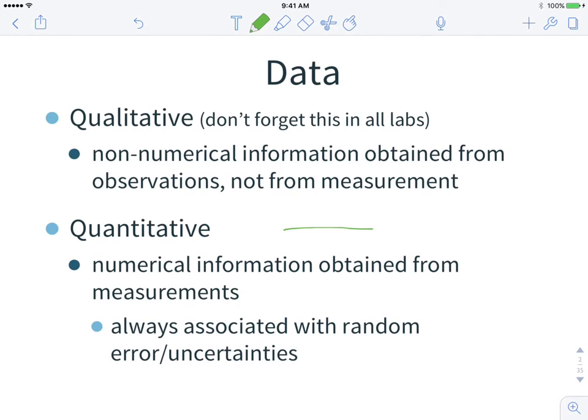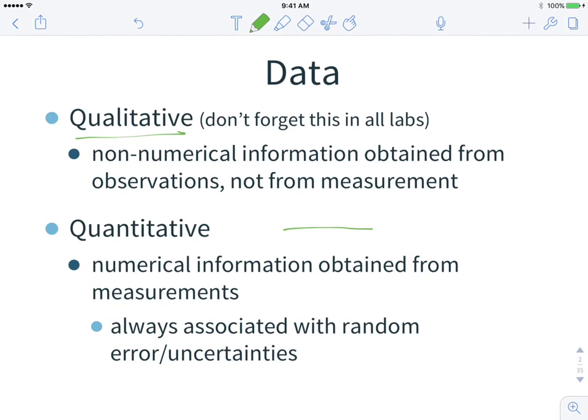The first kind of data is called qualitative data. You're going to be doing your IAs, you've already started this process, and so what you'll notice is that I want qualitative data. You haven't collected any data yet, but when you are doing an experiment, you need to make observations.